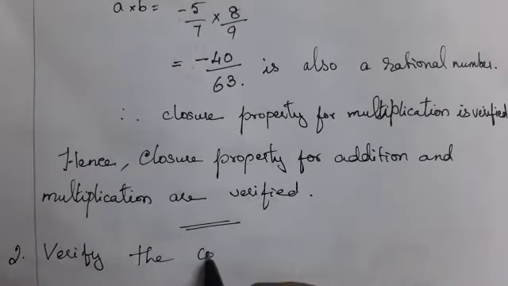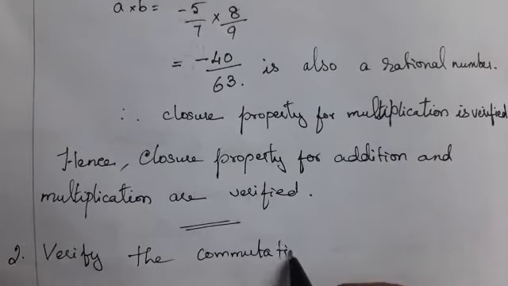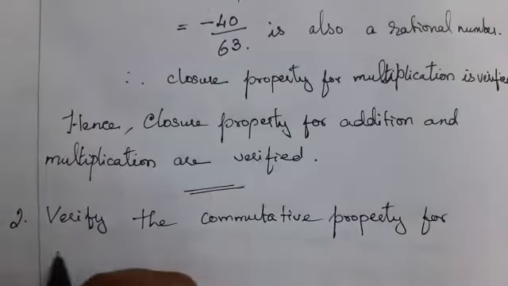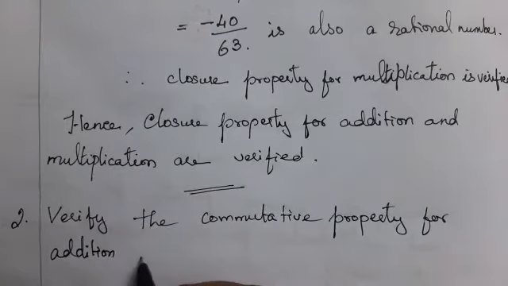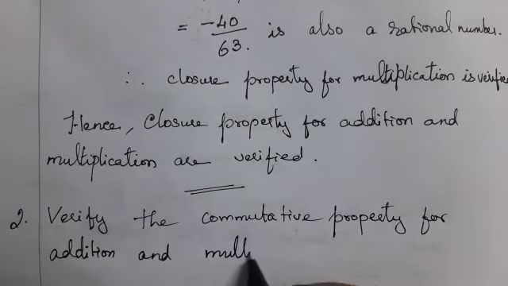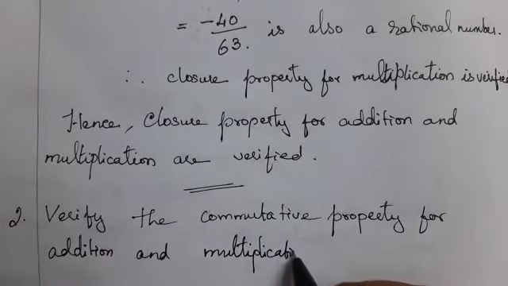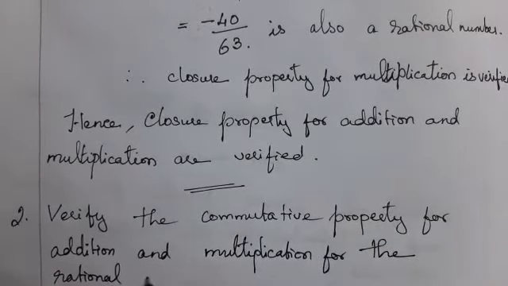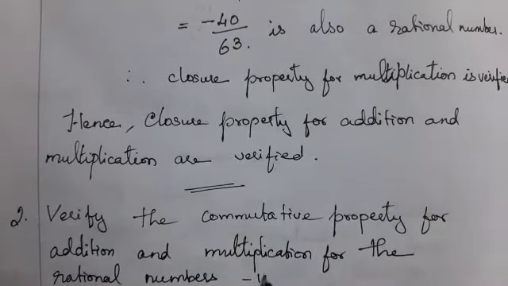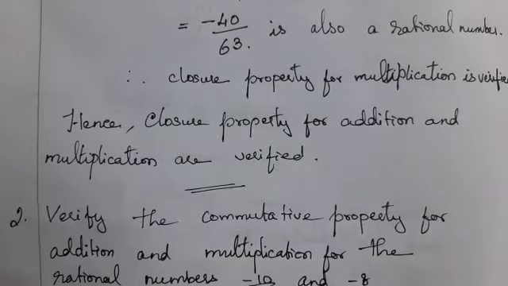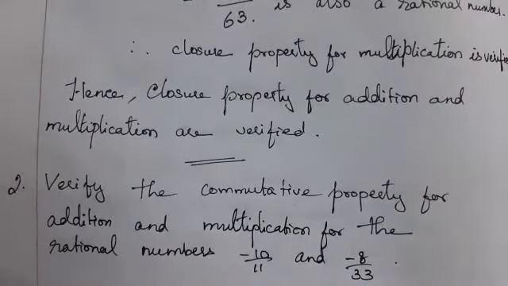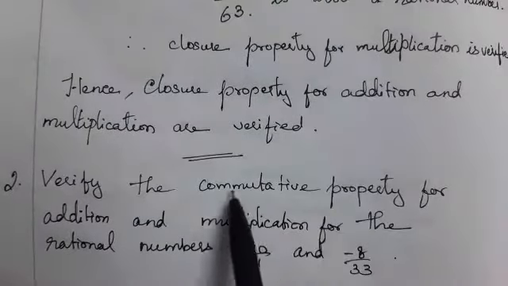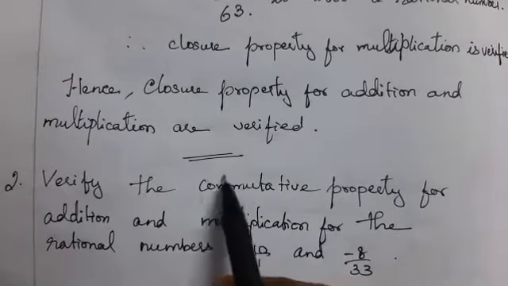Verify the commutative property for addition and multiplication for the rational numbers -10/11 and -8/33.